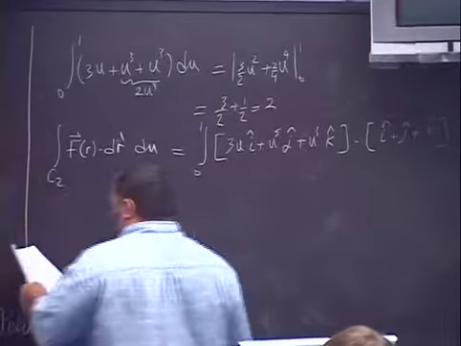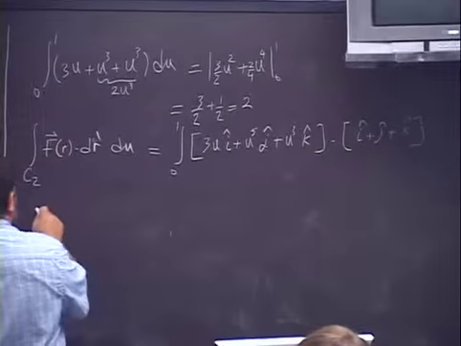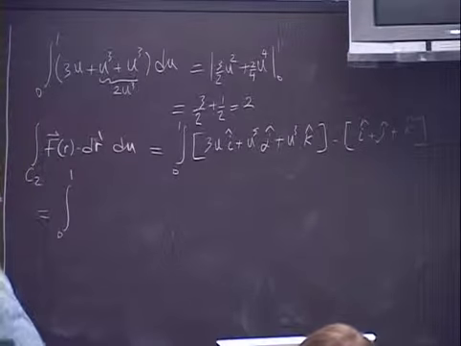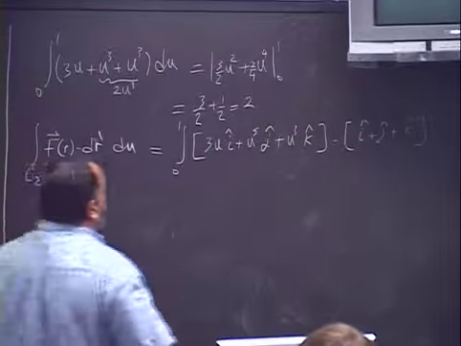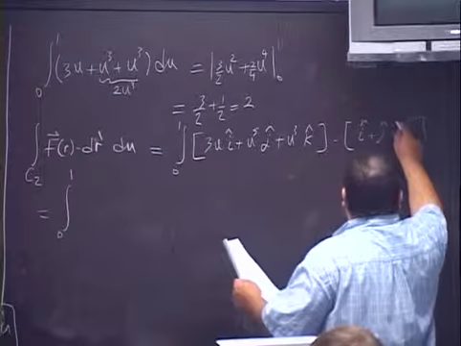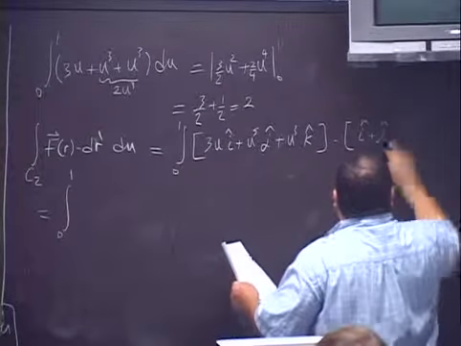This will give you what? Wouldn't C2 for dr prime have 3u squared? Yes, I'm sorry, 3u square k.